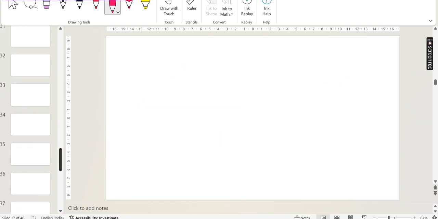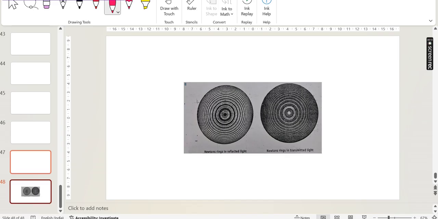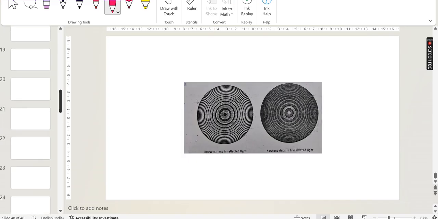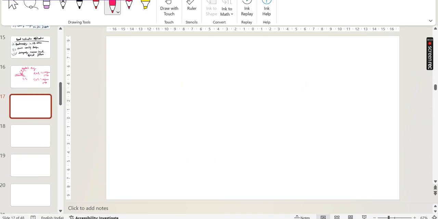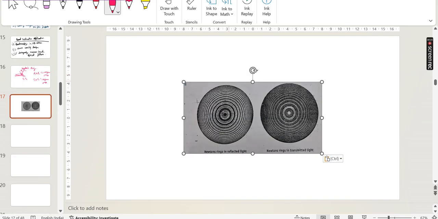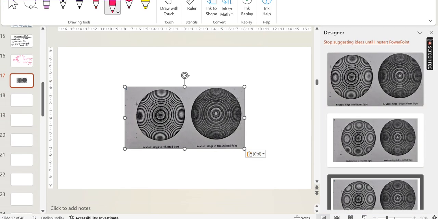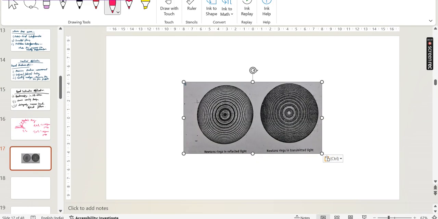The thing I wanted to show you: R1 and R2 generate this set of interference fringes, and T1 and T2 generate this one.